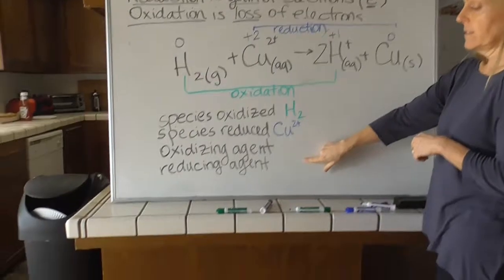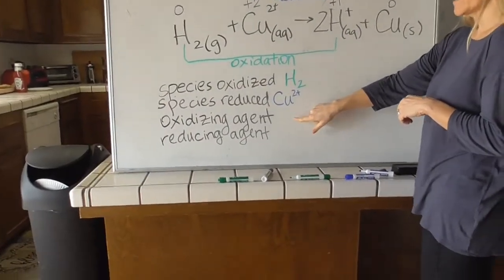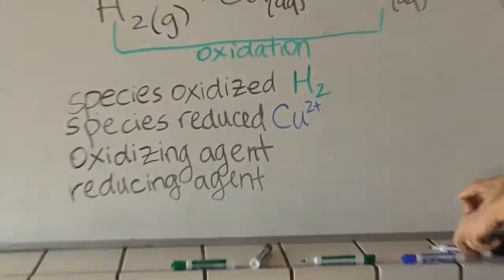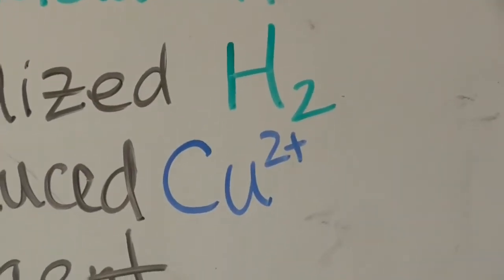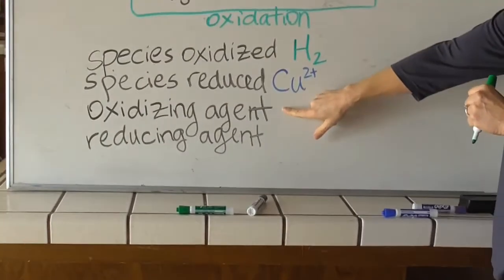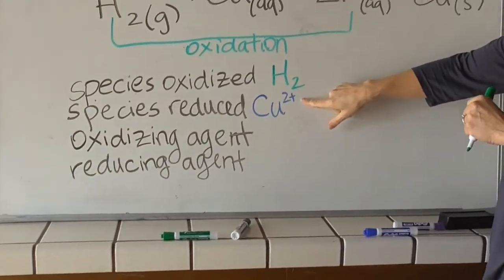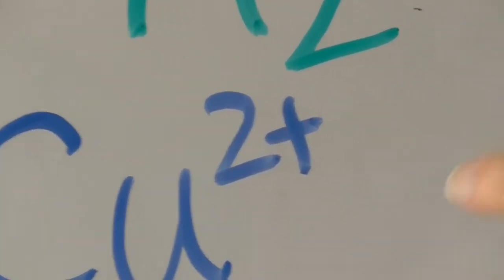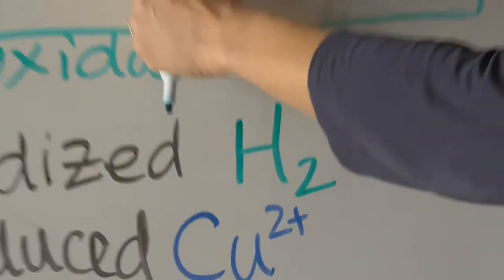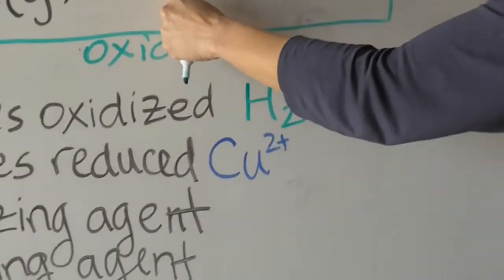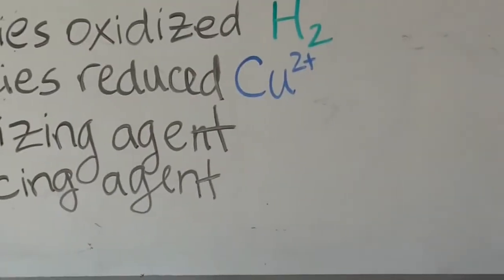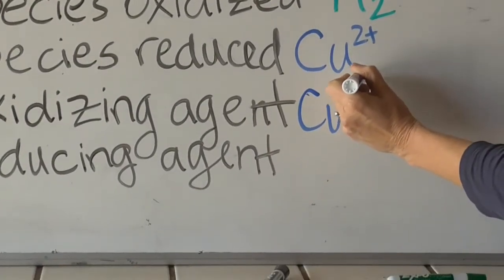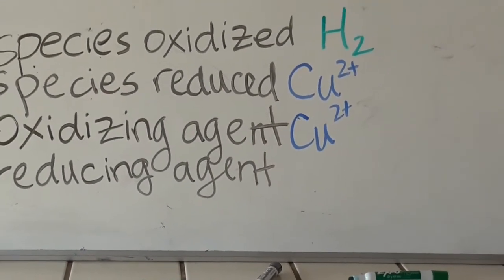Now for the agents. The agents have to be the reactants. This is a simpler version of the problem from last time. The oxidizing agent is the reactant that the species reduced is in. Copper 2+ is the whole reactant that's there, so copper 2+ is our oxidizing agent.